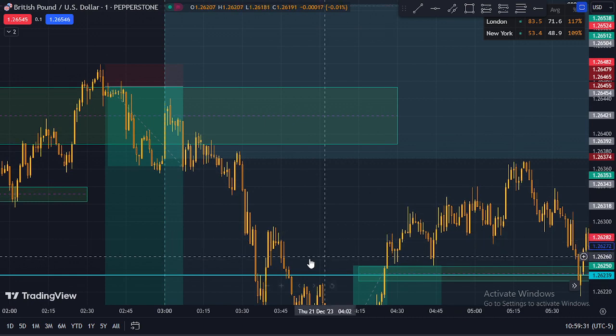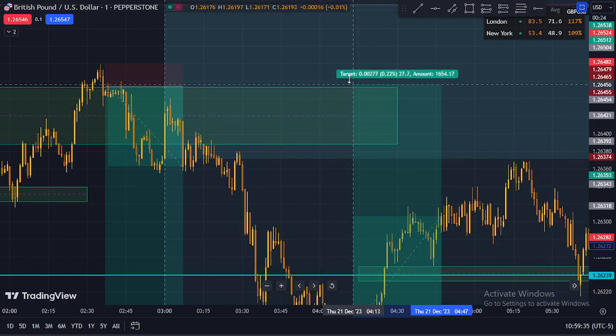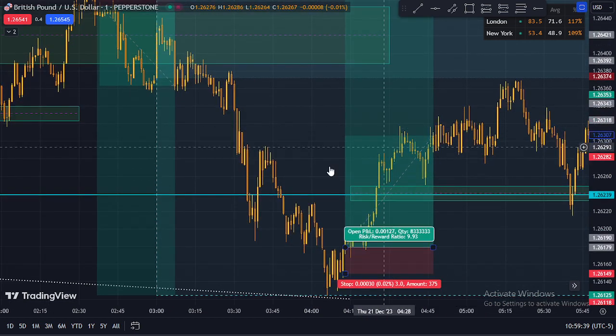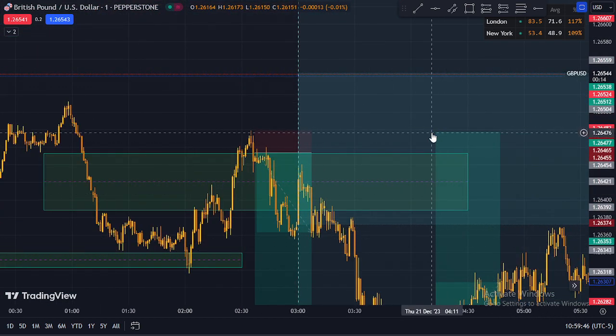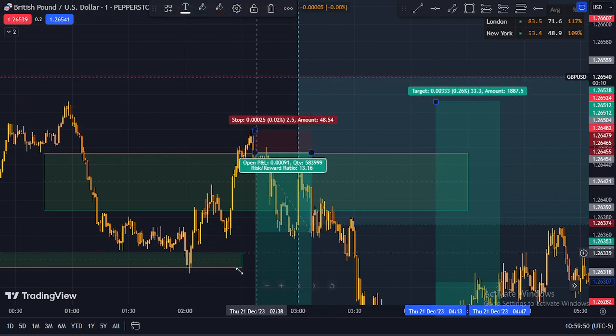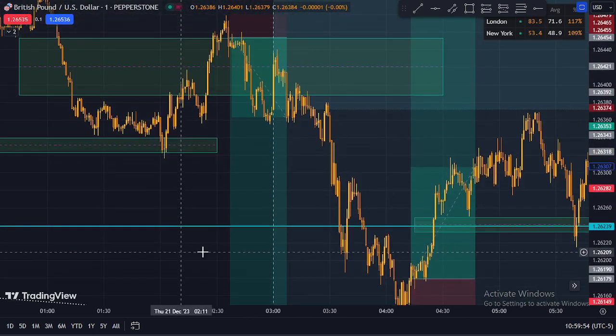So what could you be aiming for? The low hanging fruit, just above this high, that would have been a 9.93 hour trade. Also, you could be aiming for something like that. That would have given you an 11.1 hour trade.